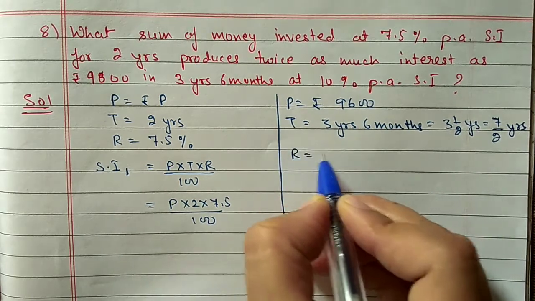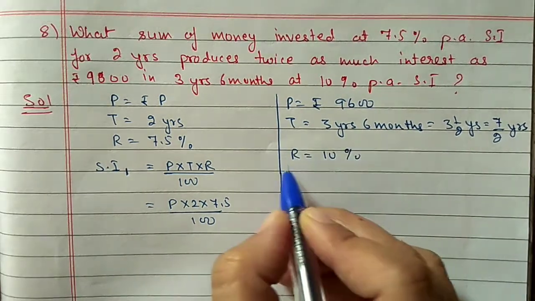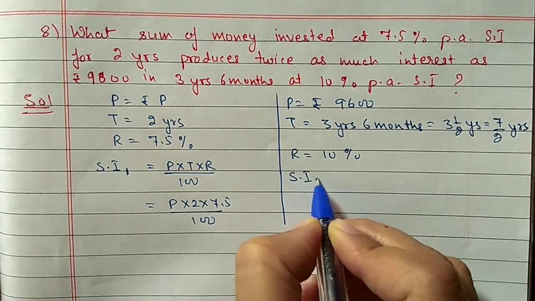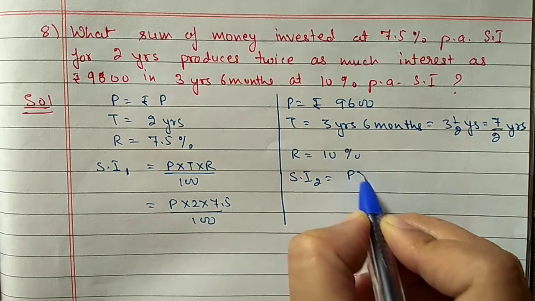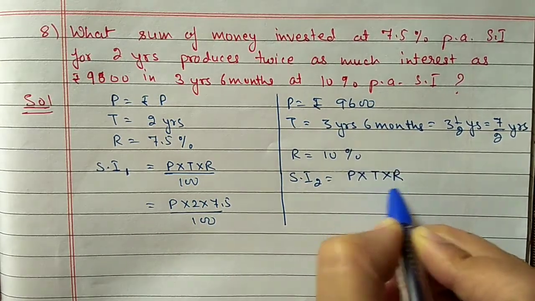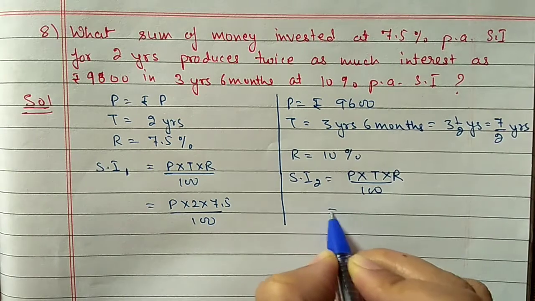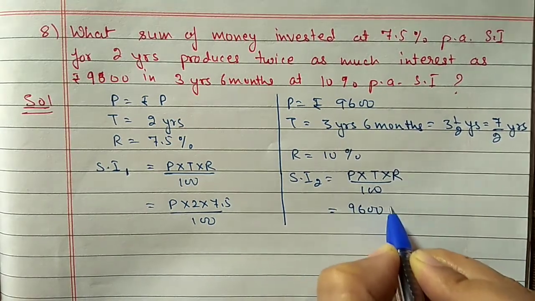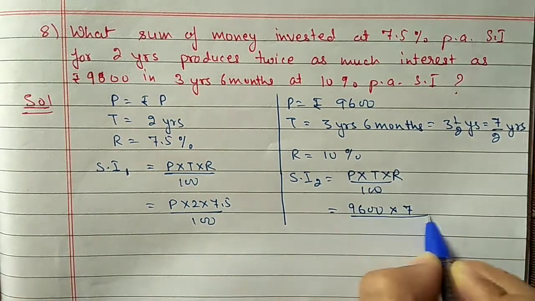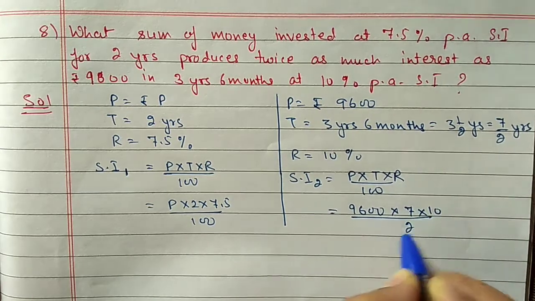And rate of interest is given here 10%. And in this condition simple interest is P into T into R by 100, equal to 9,600 into 7 by 2 into 10 by 100.